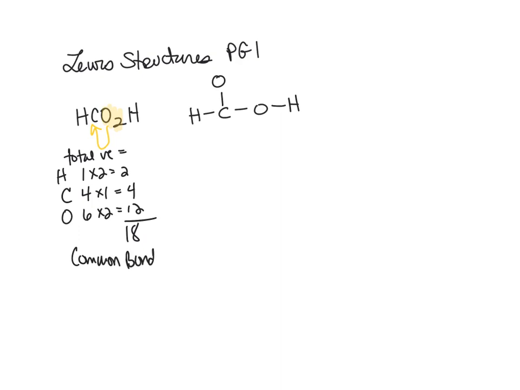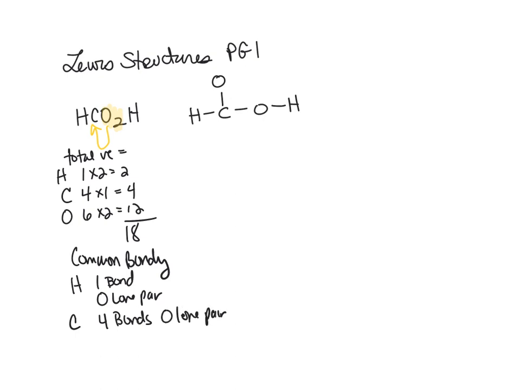Remember that carbon likes to be in the middle, connected. Here the common bonding pattern for hydrogen is 1 bond and 0 lone pairs. What's carbon like? Carbon likes 4 bonds and 0 lone pairs.